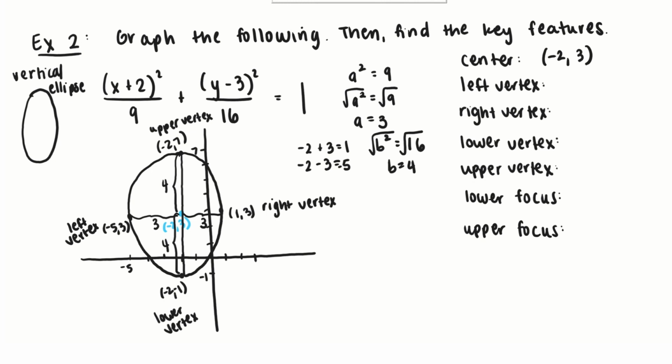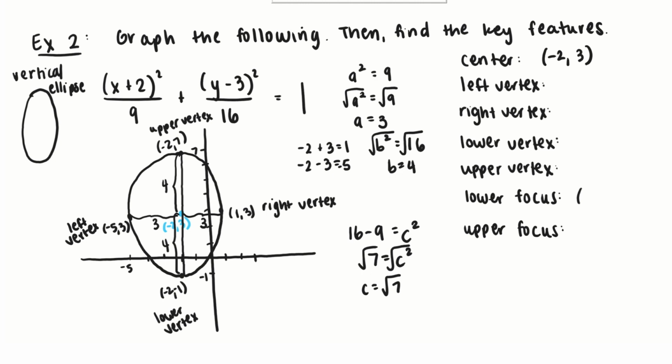All right, and now we can go ahead and find the foci. So to do that, we're going to start with the larger term. So now we're going to start with b squared. We're going to do 16 minus 9 equals c squared. So that means 7 equals c squared, and then if I take the square root to each side, then c is the square root of 7. So once again, the foci have to be on the longer axis, so now they have to be on the vertical axis. So because of that, I'm going to add and subtract c to the y value of my center.